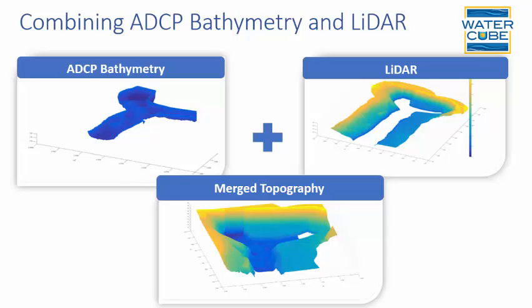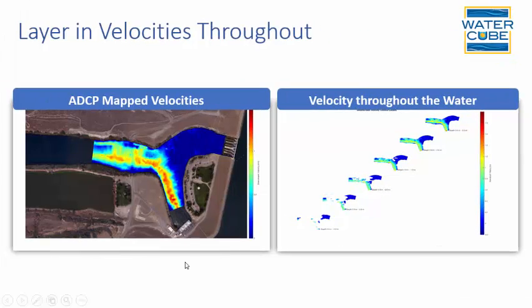By combining ADCP bathymetry and the LiDAR, we produced a complete topography of that entire area. In doing so, we then layer in the velocities throughout that entire reach, and you can study that throughout the entire column of water.